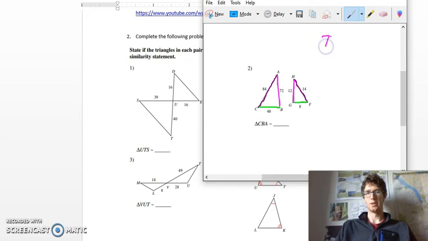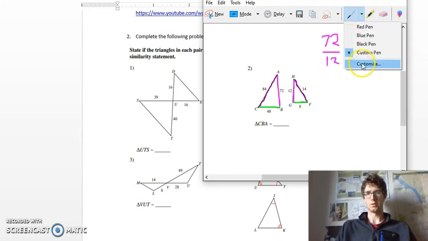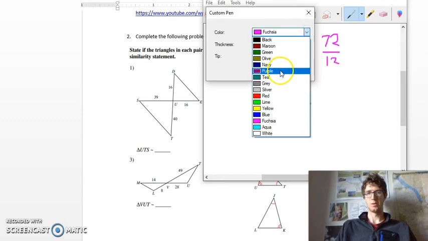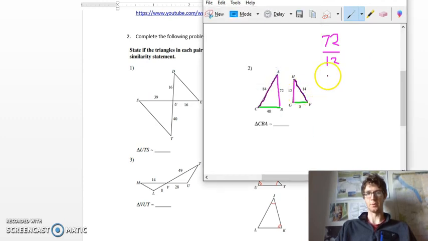So I'm going to do big to small. Is 72 divided by 12 equal to 84 divided by 14? And is that equal to 48 divided by 8?